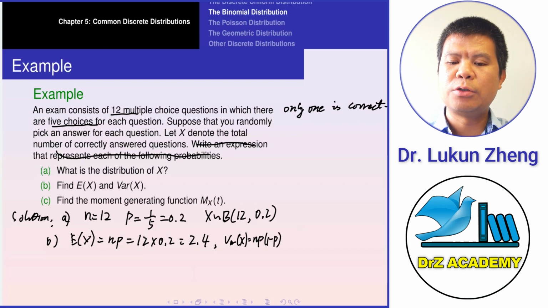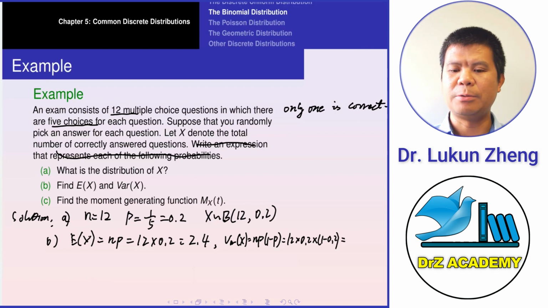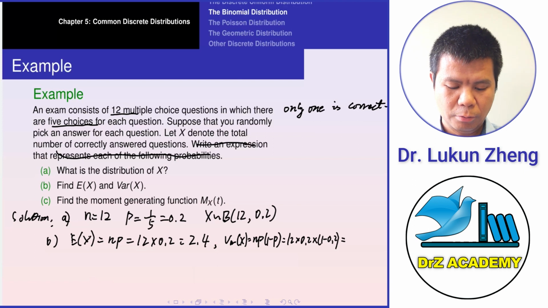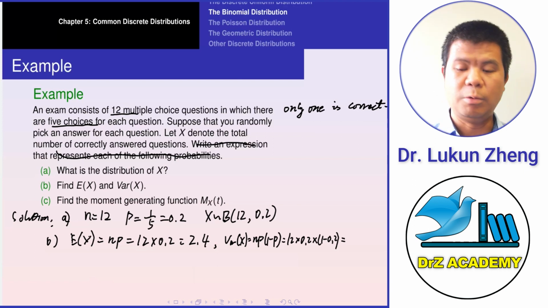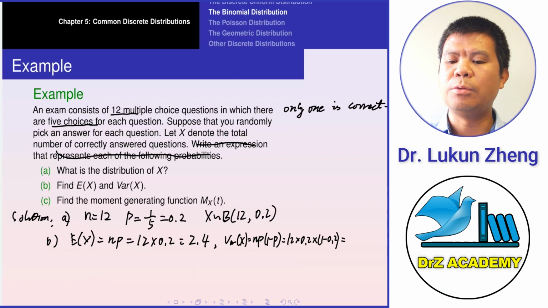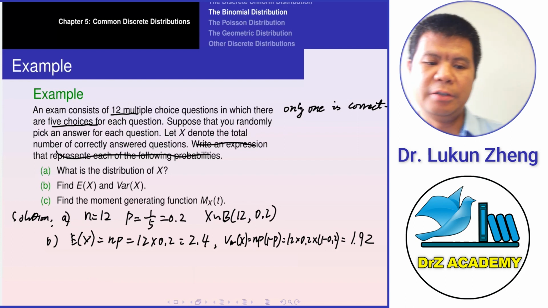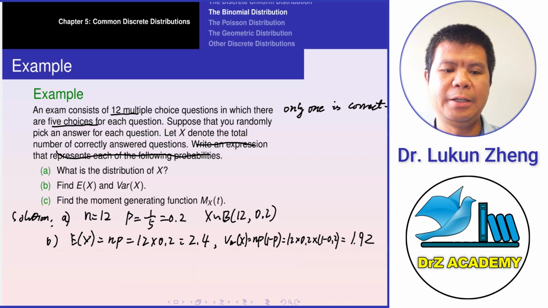So that's 12 times 0.2 times (1 - 0.2). Now you can find this: 2.4 times 0.8 is 1.92. So that's the variance of X. Okay, so parts A and B.